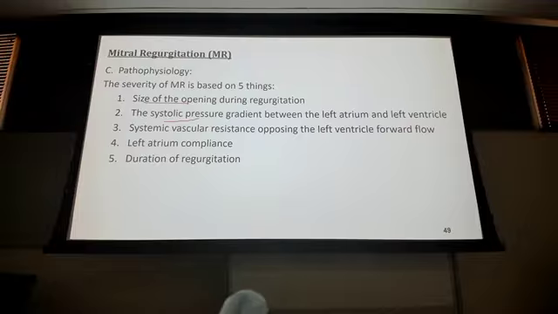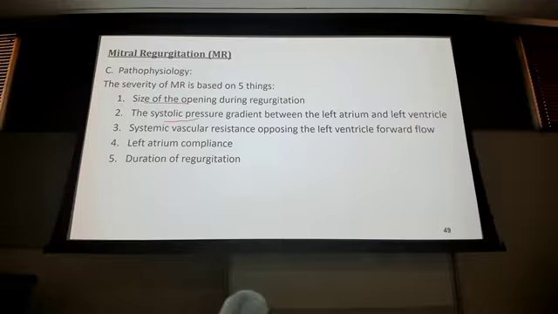But let's say the pressure in the ventricle is 50, and the pressure in the atria is 45. Now you only have a 5 millimeter of mercury difference. You're going to have some flow, but it's not going to be as much as if there was a 99-point difference in that gradient. So what's the pressure difference?